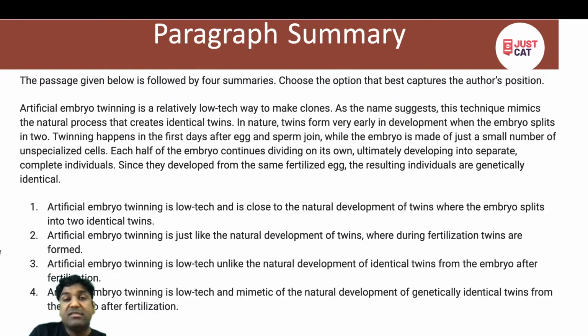And it says that since they developed from the same fertilized egg, the resulting individuals are genetically identical. So they're saying that since there is division from the same egg, the individuals are identical.